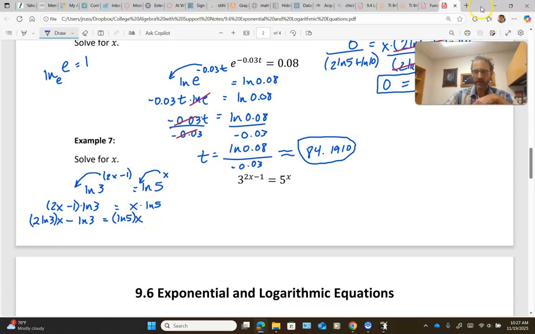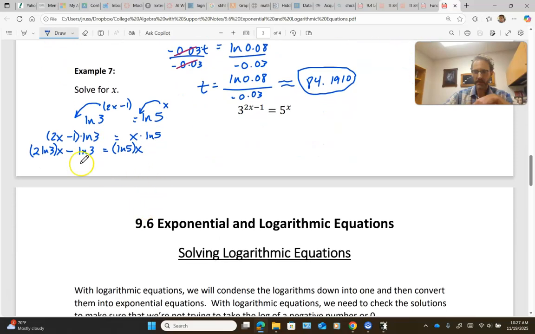So again, what I need to do, guys, is get my x terms on one side of the equation. So I'm going to subtract this leftmost x term from both sides, and I have to do that by using a negative 2 natural log of 3. Okay.